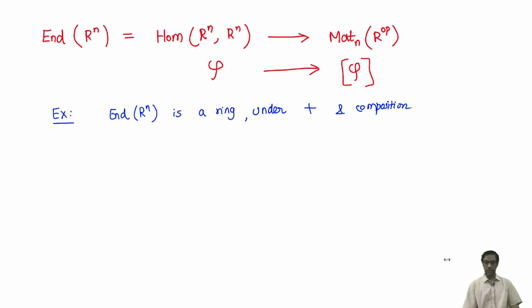On the other hand, Mat, the space of matrices with entries in a ring R, is also a ring, under the usual matrix addition and matrix multiplication. So observe that the right hand side is also a ring.